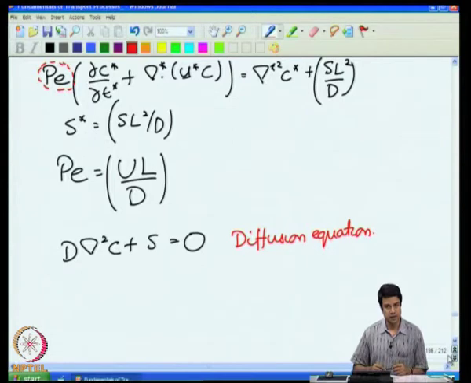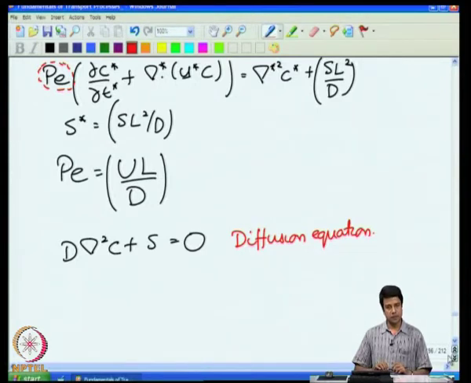Physical reason is that when one takes only convection into account, convective transport transports heat or mass only in the direction of flow. There can be no transport in the direction perpendicular to the flow. Whenever we have flows near surfaces, at the surface, the fluid velocity has to be 0.